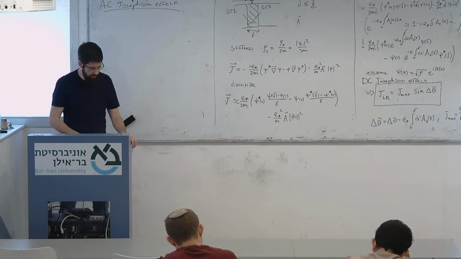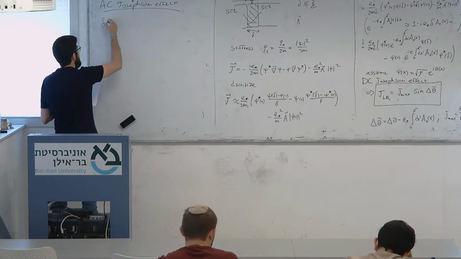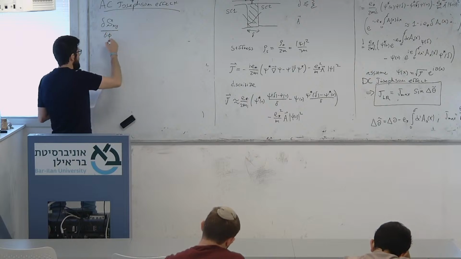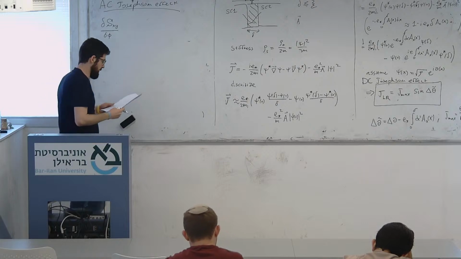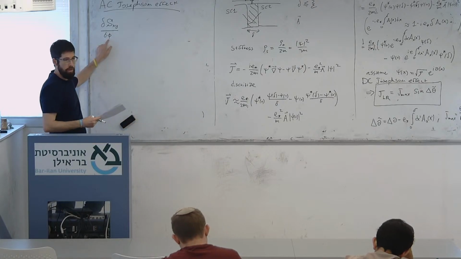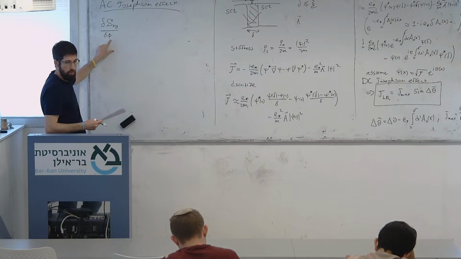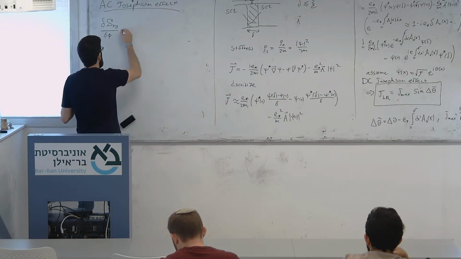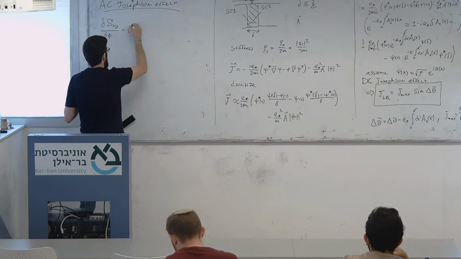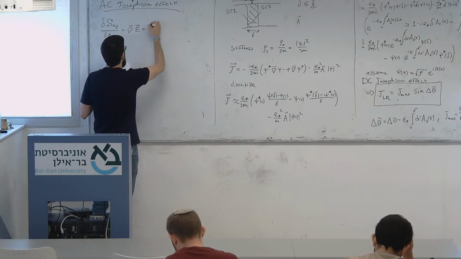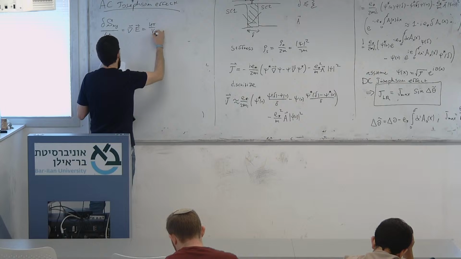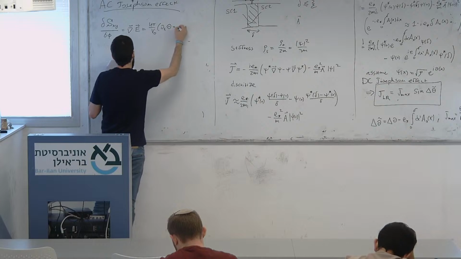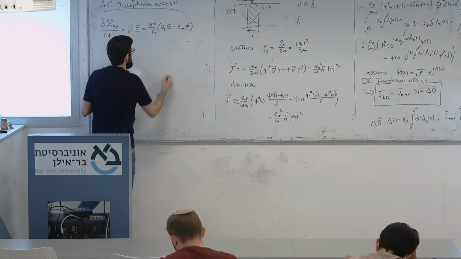Okay, so to do that, let's recall that if we take delta S over delta phi, where phi is the Coulomb field or the time component of the four vector gauge field, then this gives us the equation grad E is equal to 4 pi V naught times dt theta plus E star phi.